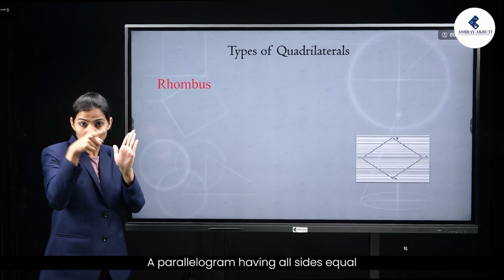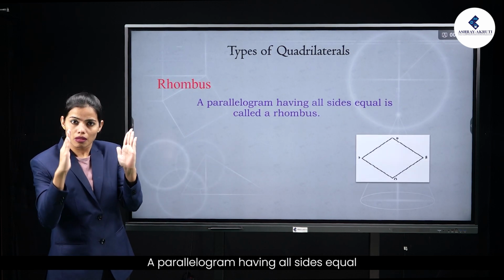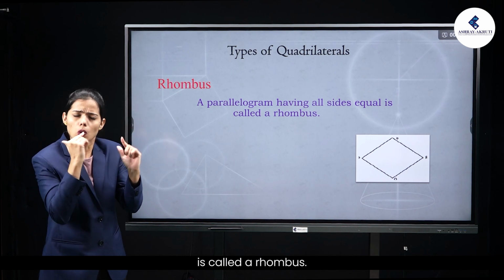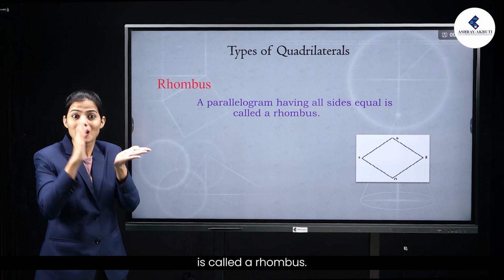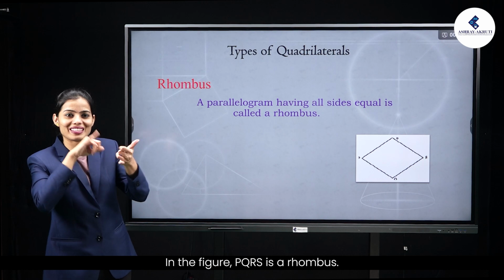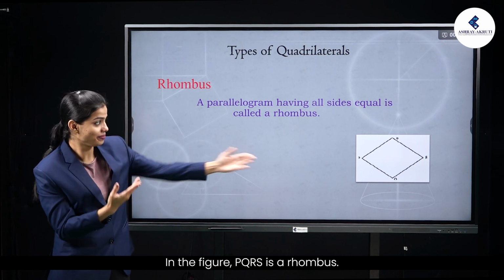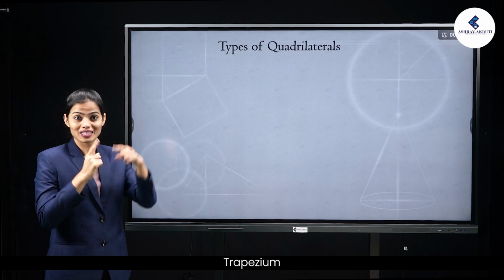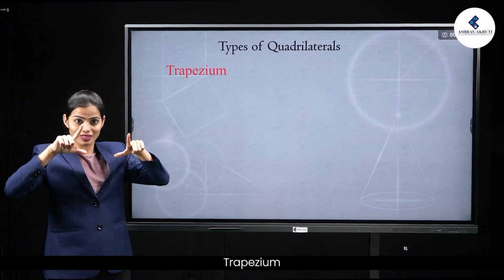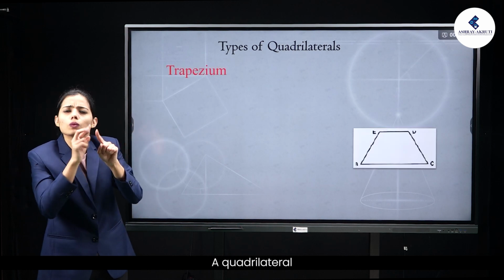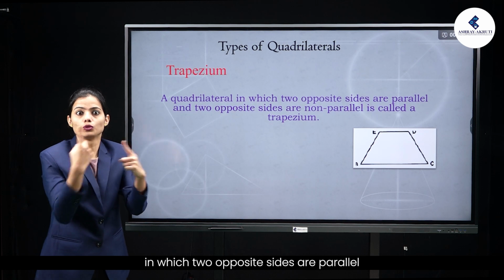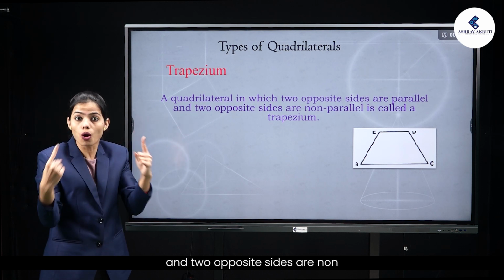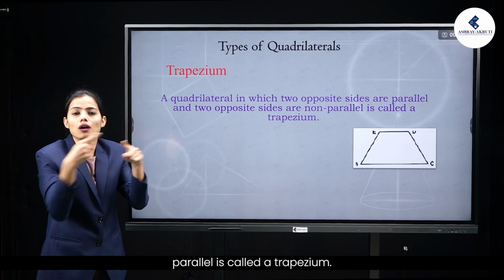Rhombus. A parallelogram having all sides equal is called a rhombus. In the figure, PQRS is a rhombus. Trapezium. A quadrilateral in which two opposite sides are parallel and two opposite sides are non-parallel is called a trapezium.